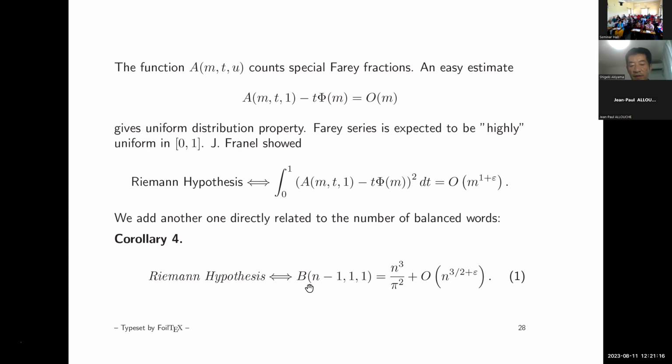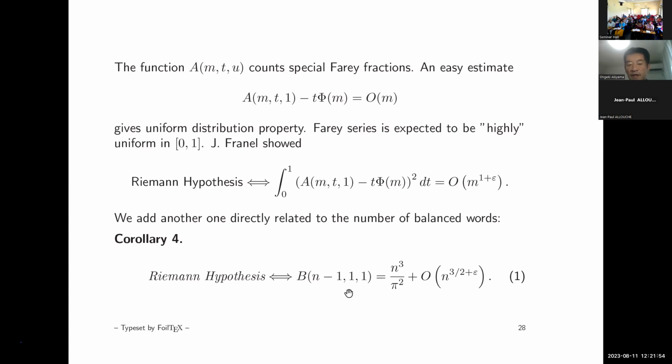This is the best way of explanation. So B of n minus 1: you stop at slope (n minus 1) over (n minus 1), and count all the balanced words. Then, maybe you know the Riemann hypothesis, which is a very famous open problem in number theory. And this Riemann hypothesis is equivalent to this formula.